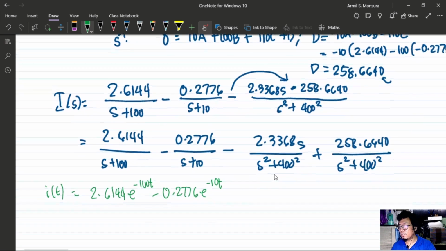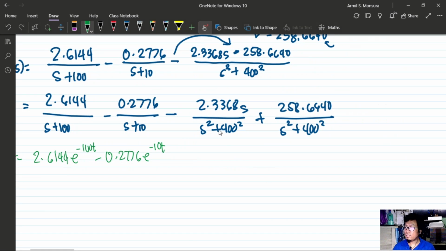Here, we have to write this one first in compliance with Table 6.1, I think the number for the cosine.